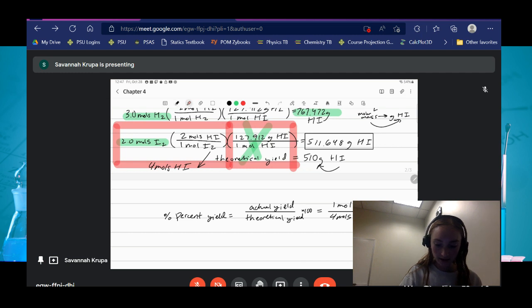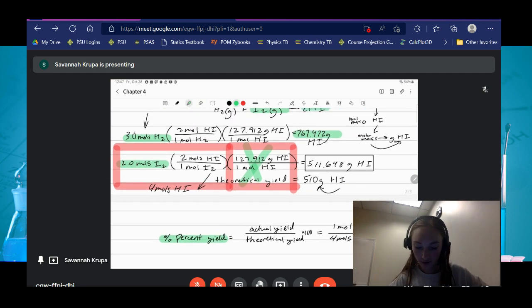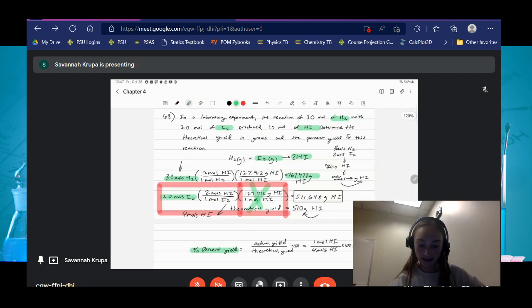So that is our percent yield. So that answers all of the questions that it was asked. So we found the theoretical yield, and that's the 510 grams of hydrogen iodide, I believe that's how you say it, and then 25% yield.